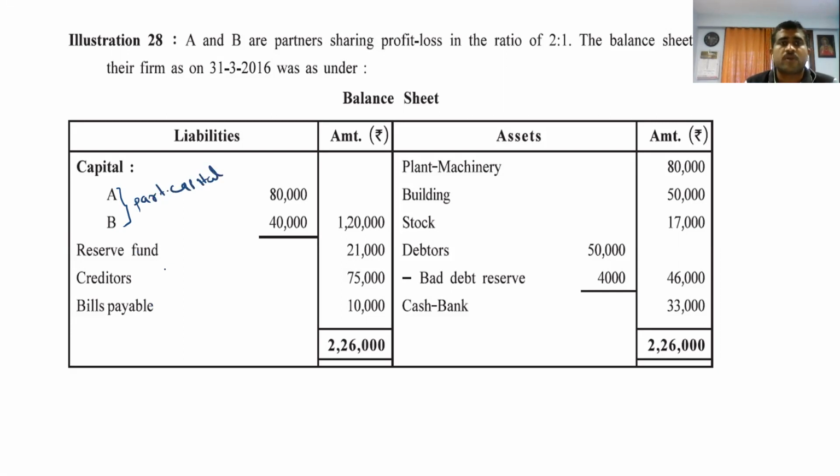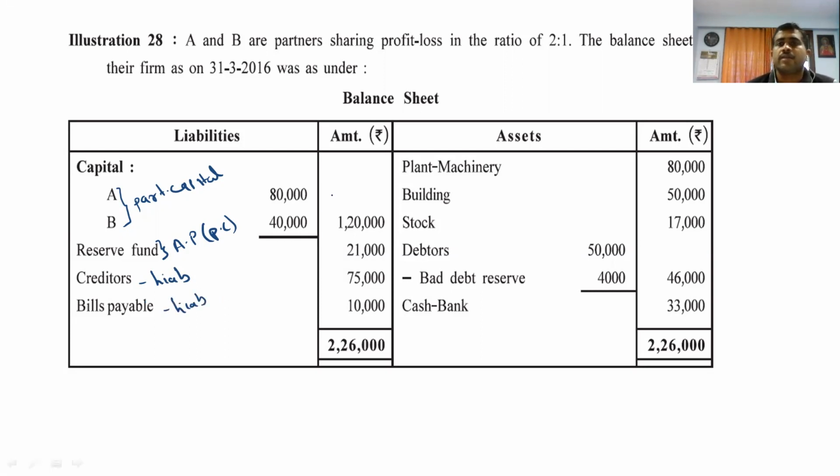Reserve fund. So what is reserve fund? It is an accumulated profit. Clear? That we have to distribute to which account? Partners' capital. Creditor is 100% what? Liability. Bills payable, that is also liability. Clear to you?